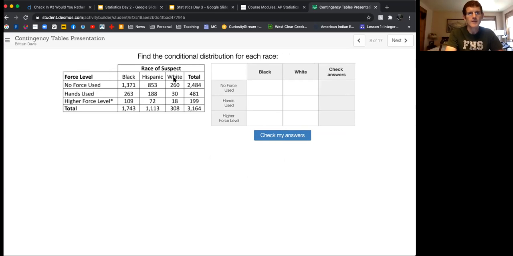So we have our two-way table. And what we're talking about now is what is the distribution of force level used on the condition that the suspect is Black. So what that means is that I'm holding this condition that we're only talking about Black suspects.